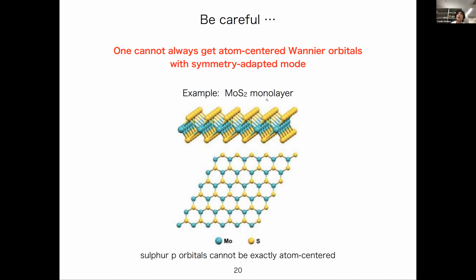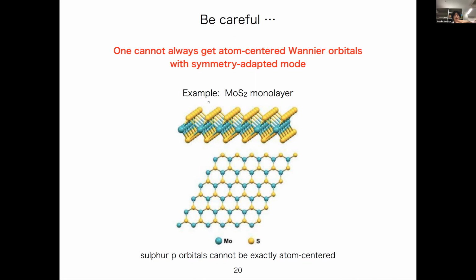So if we think about this monolayer material, this is a sulfur atom. If we look at this sulfur, below the sulfur we have this molybdenum layer. But in the case of monolayer, we have the vacuum in these directions.